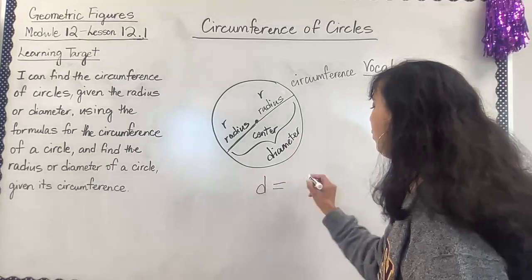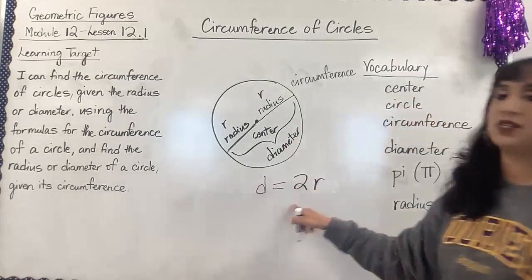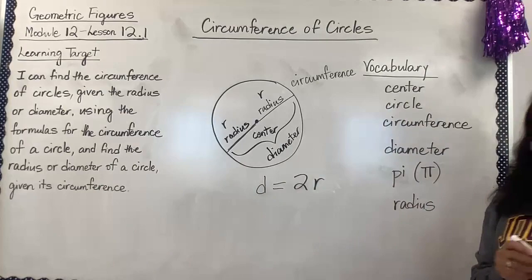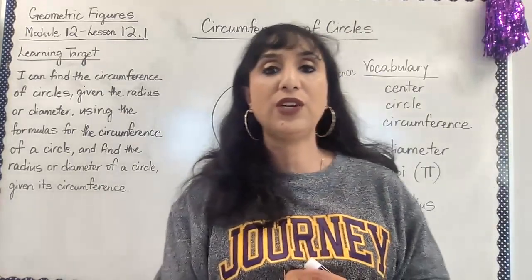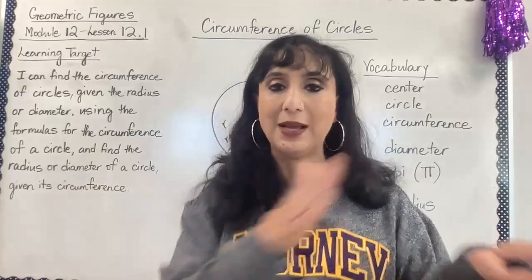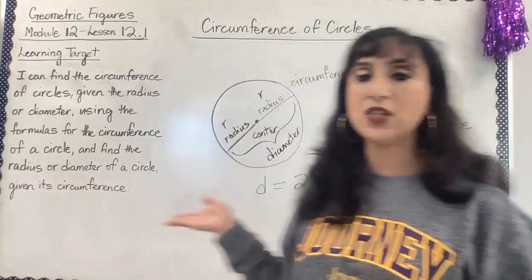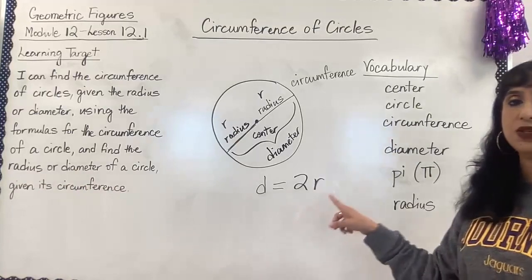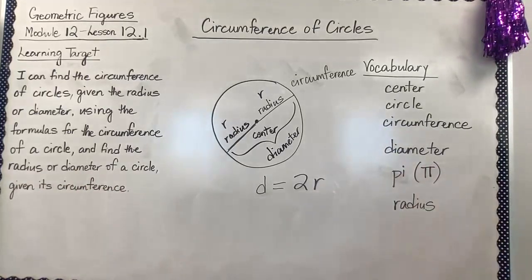Diameter is equal to 2 radiuses. So that is an equation. Remember, a formula is always an equation because it's a balance: something is equal to something. Therefore, diameter is equal to 2r. That is the equation for this.